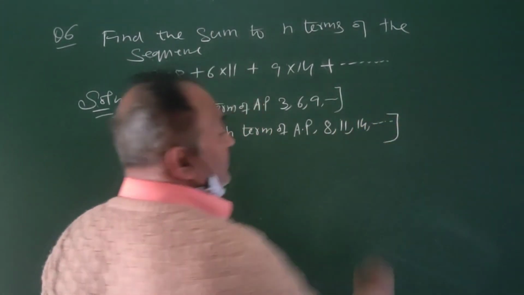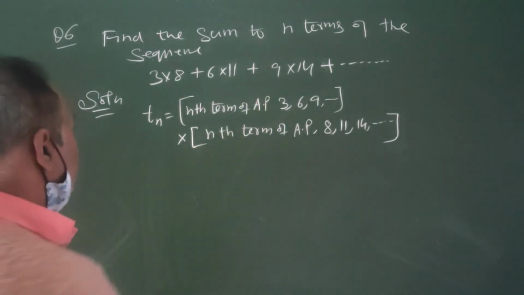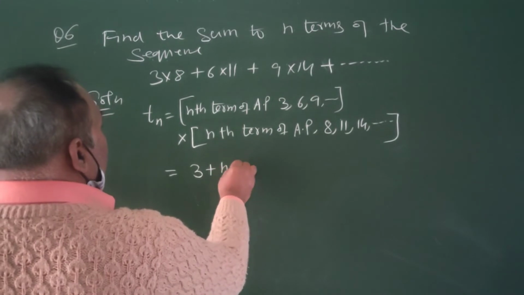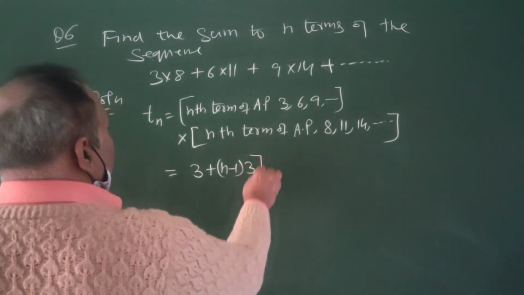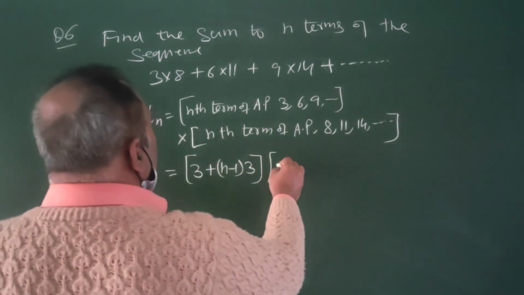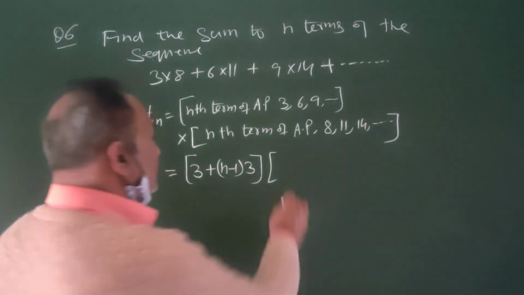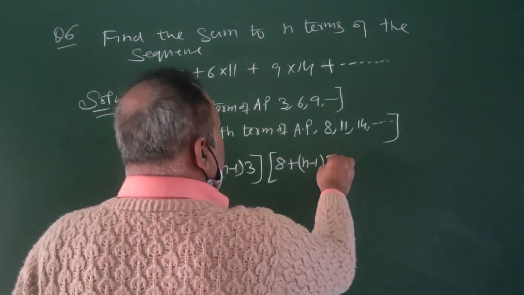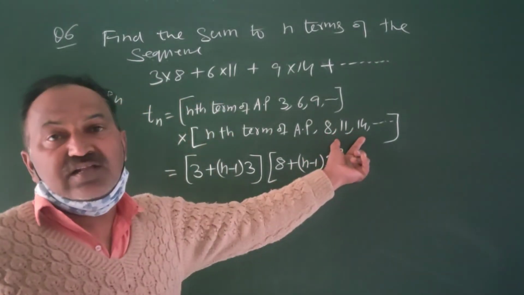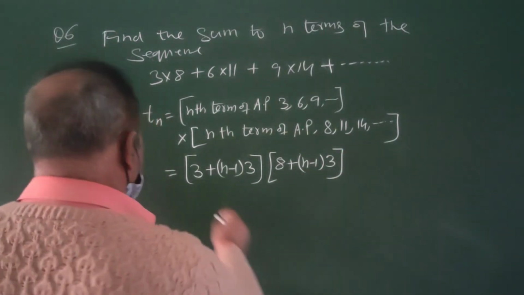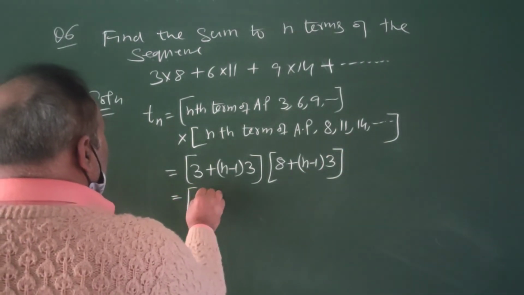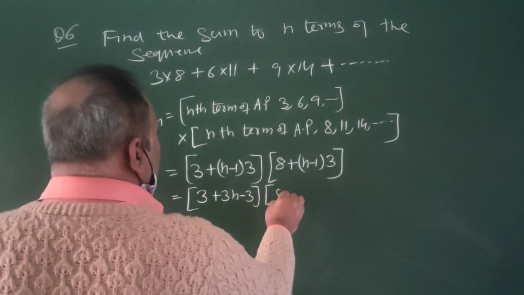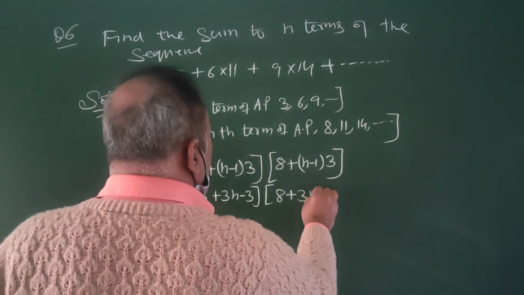The nth term of the first AP is equal to 3 plus n minus 1 into d, which is also 3, and into the nth term of the second AP, which will be equal to 8 plus n minus 1 into 3, because in this case also the common difference is 3. Then it becomes 3n minus 3 multiplied by 8 plus 3n minus 3.